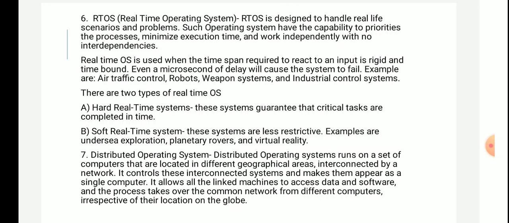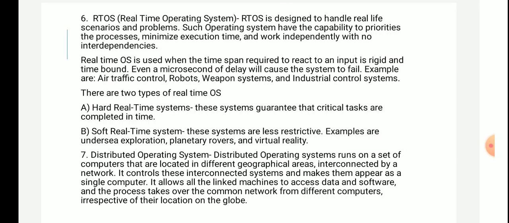Soft real-time systems are less restrictive. Examples are undersea exploration, where people go to explore the sea and are much less restricted, meaning they can take much more time if they want, as well as planetary rovers and virtual reality. So here we use the soft real-time system.